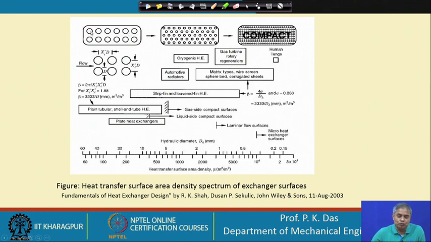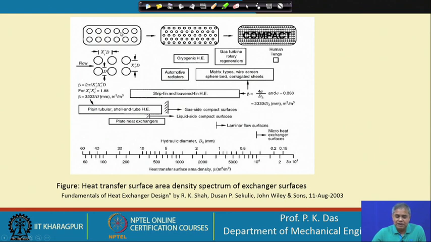These circles are tubes through which some fluid is passing, and in the space between these tubes another fluid is passing. It is a general representation, but this kind of representation could be very appropriate for a shell and tube heat exchanger, which is one of the most widely used heat exchangers in industry. So, this could be the configuration.